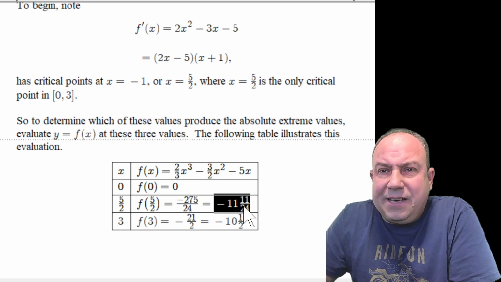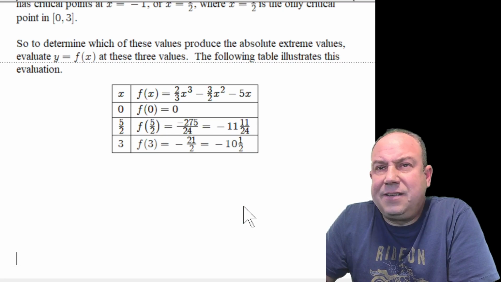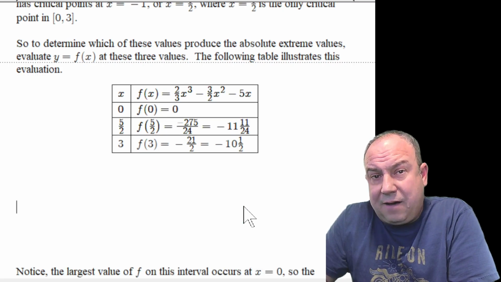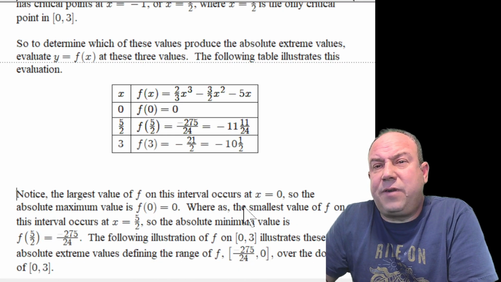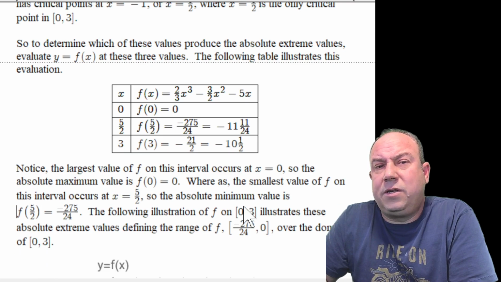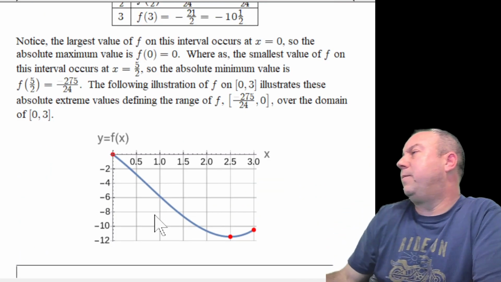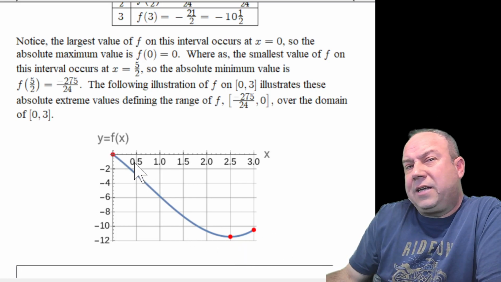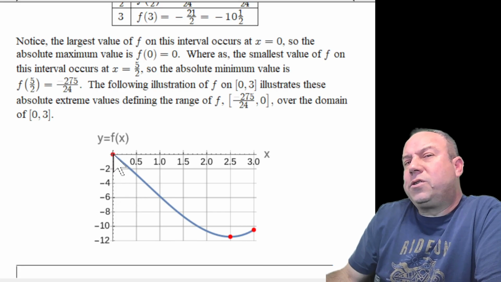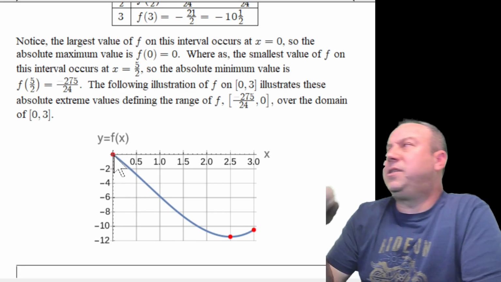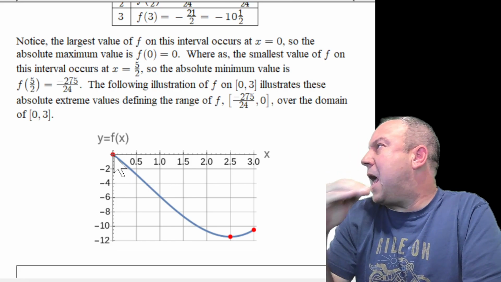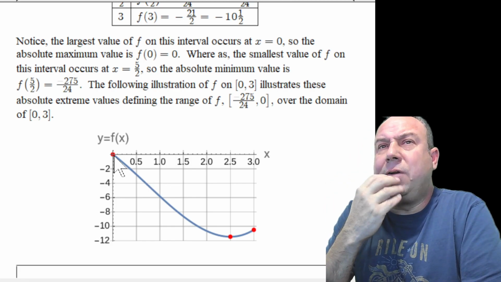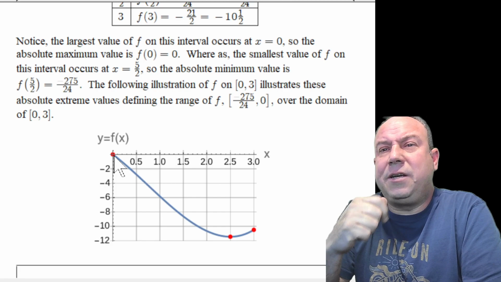We can see this in the graph. If we graph this function over this closed interval, we will see these extreme values. Over this closed interval, this is what our function would look like, just this little portion of a curve. Certainly you can see here at x equal to 0 is where we have the absolute maximum value on that closed interval. It is at the value of 0.